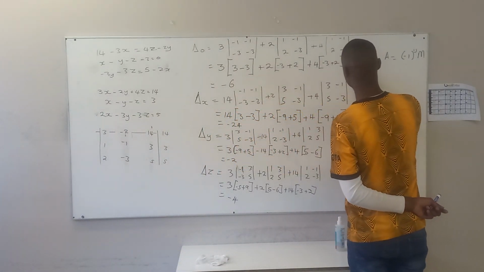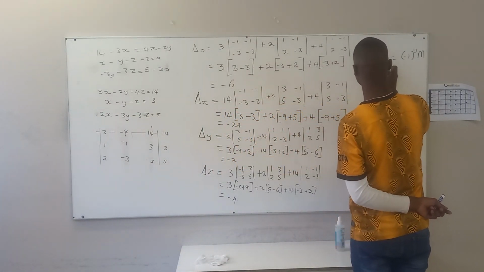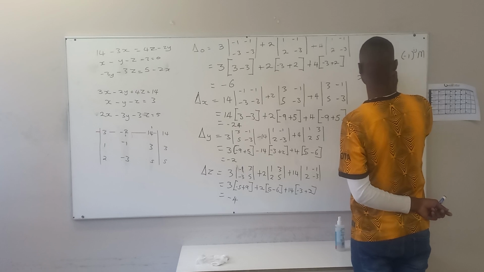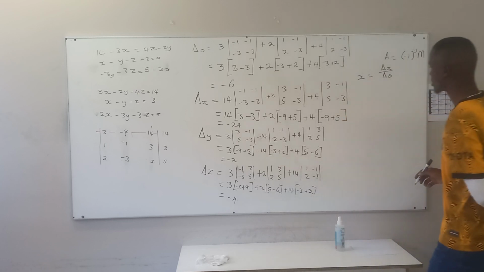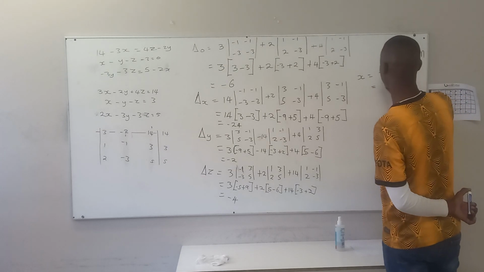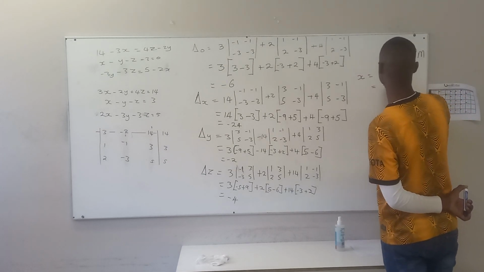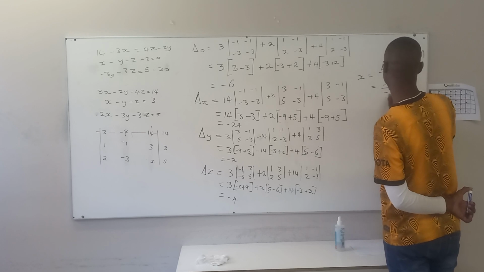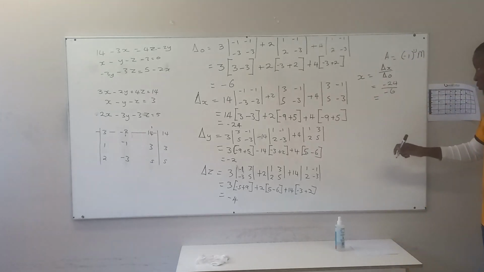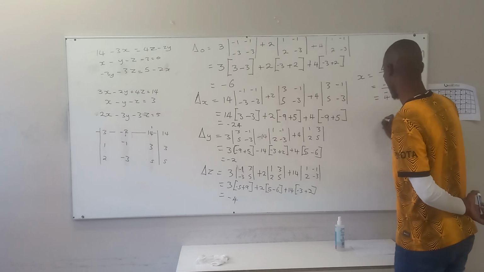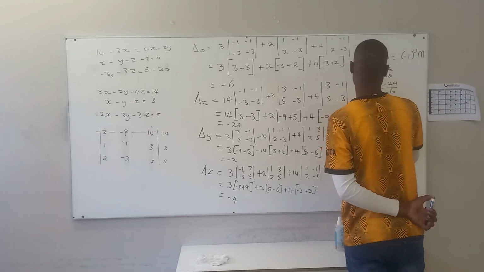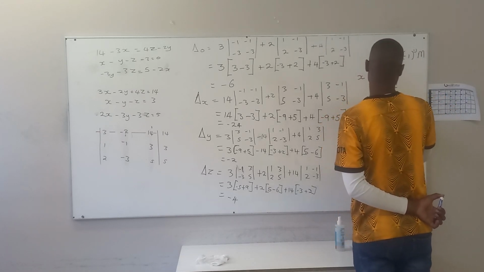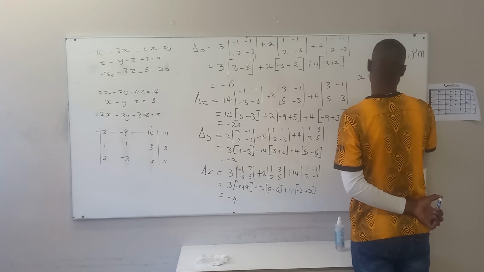Then to get the value of x, it's delta x divided by delta naught. Delta x is negative 24 divided by delta, which is negative 6, which is 4. Then y is equal to the same thing, delta y divided by delta naught.